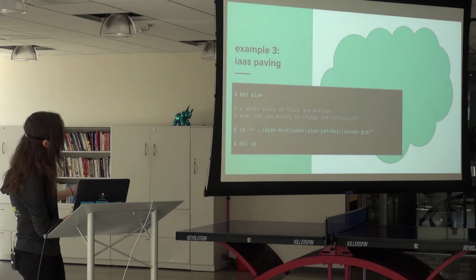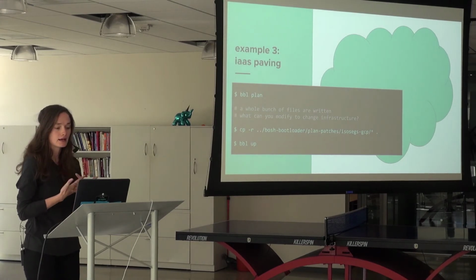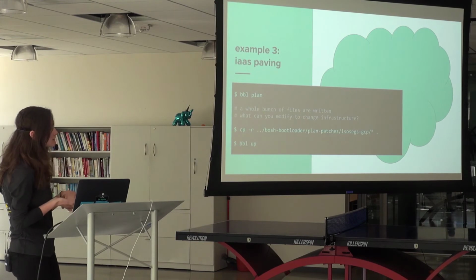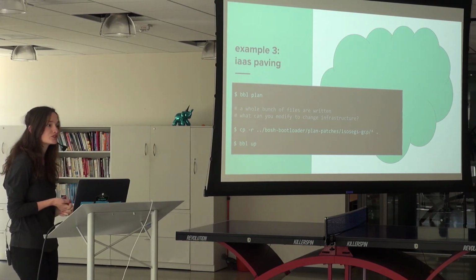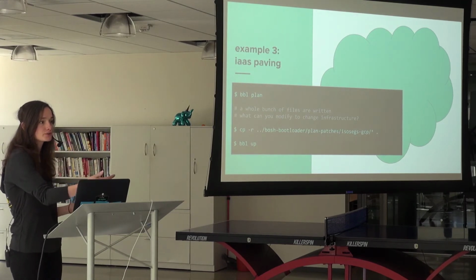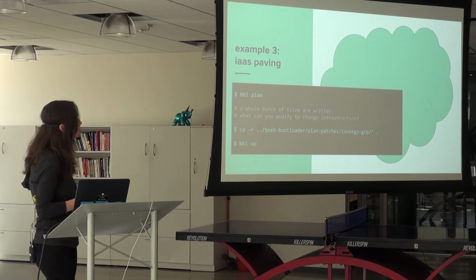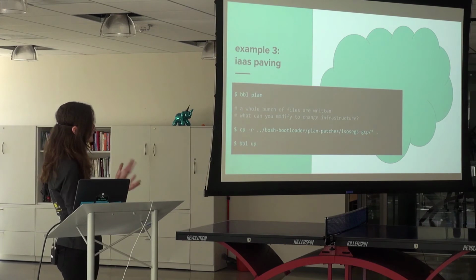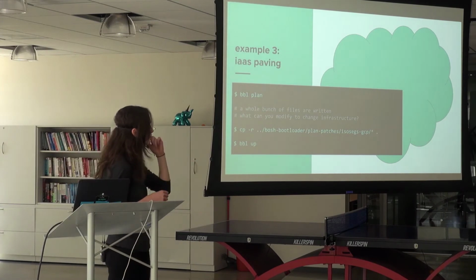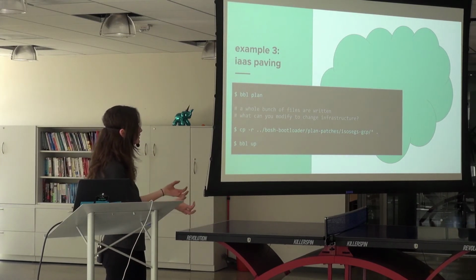All right, a completely different example is isolation segments. So we actually have created this whole new concept of a plan patch, which is your way of patching the plan so that up executes with the configuration that you want. So what you'll do is you'll bubble plan in this empty directory and a whole bunch of stuff is written. And then you can just copy one of our patches into this directory.